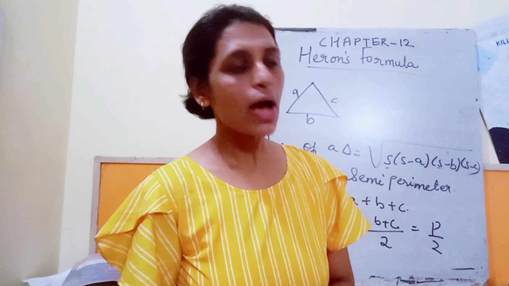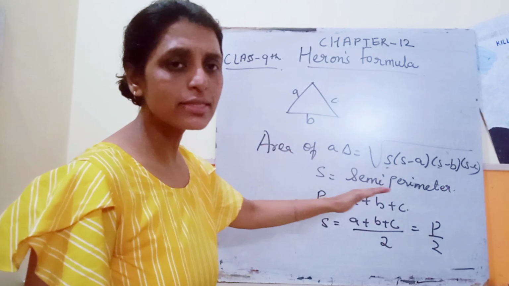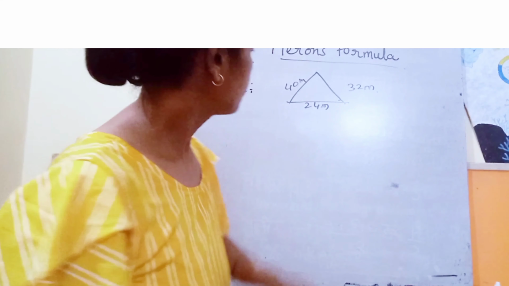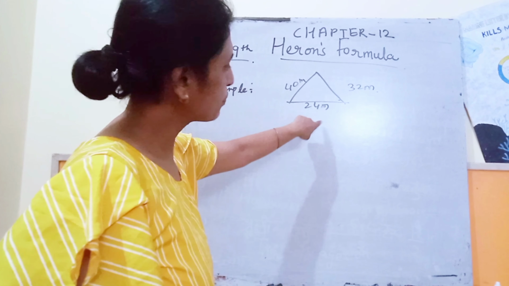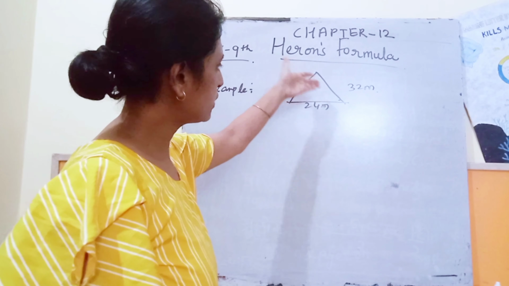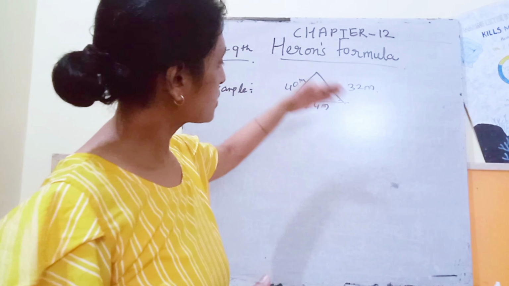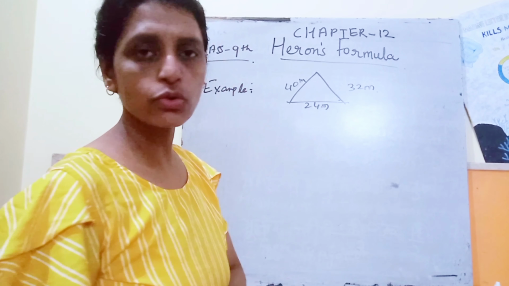I will explain how to apply Heron's formula with an example. Here is a field in the shape of a triangle, and its sides are given as 40 meter, 24 meter and 32 meter.